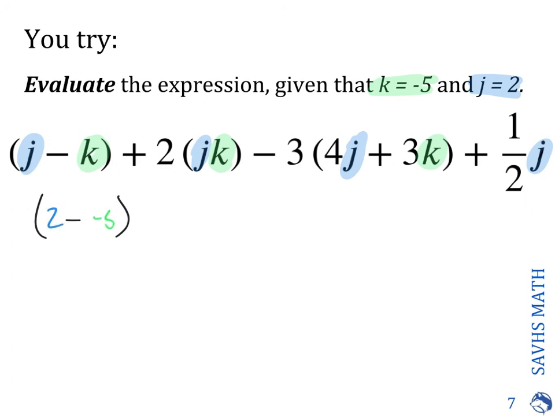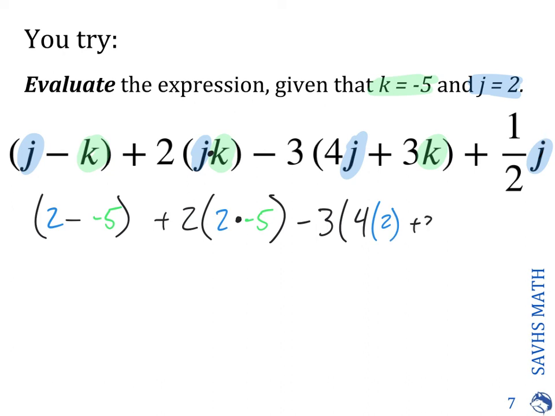K is negative 5. J is 2. K is negative 5. But these two are right next to each other, j times k, and so I have to multiply inside there. Negative 3 times 4, j is 2, plus 3, k is negative 5, and then plus 1/2, and j is 2.